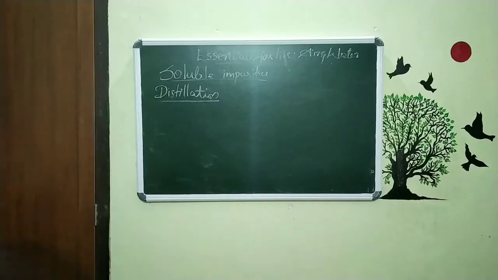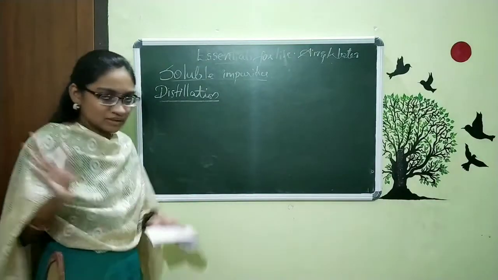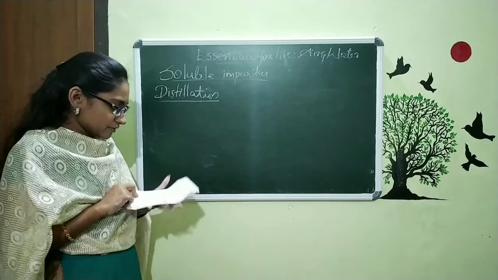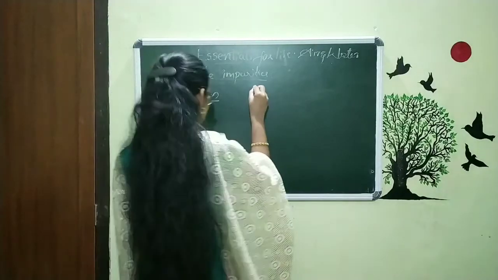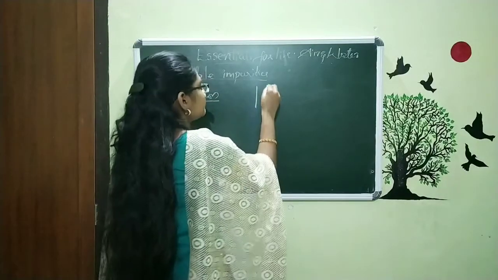You can just observe the diagram on page number 94. You can see a big detailed diagram. No need to get confused about that. I will explain it in a very simple manner.